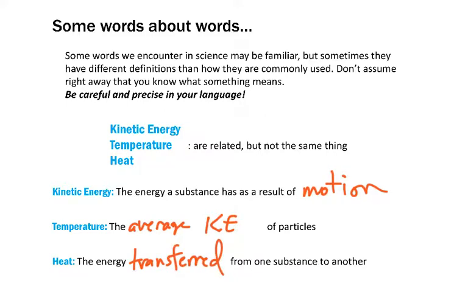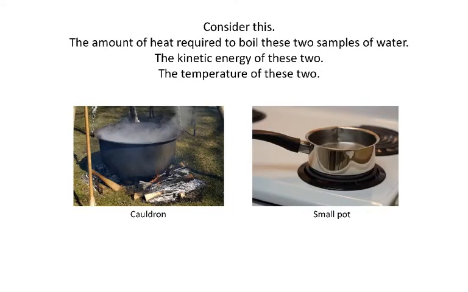All right, actually, I do have one more slide. I want to do one example to try to help hash out these three definitions. So here, consider this. We have a large cauldron of water and a small pot of water. So consider these two and the amount of heat required to boil these two samples of water.